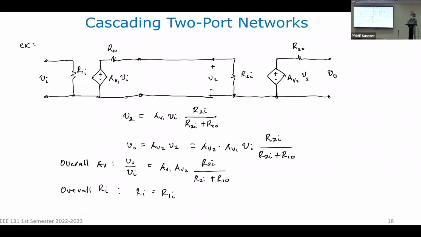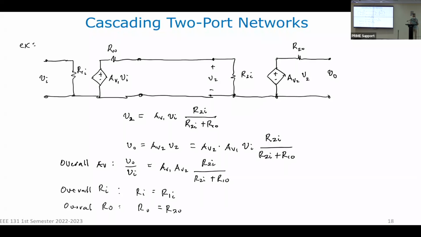And my overall RO will just be R2O. If I reduce this to 0, and I can reduce this to 0 by making this 0, then this will also be 0. Okay? So what is my overall R sub O? That's going to be R sub O is equal to R2O.